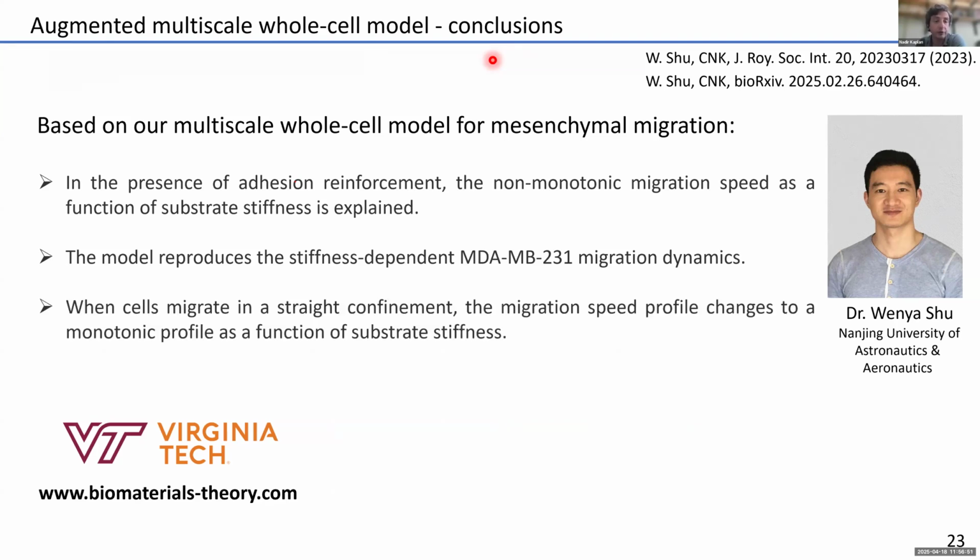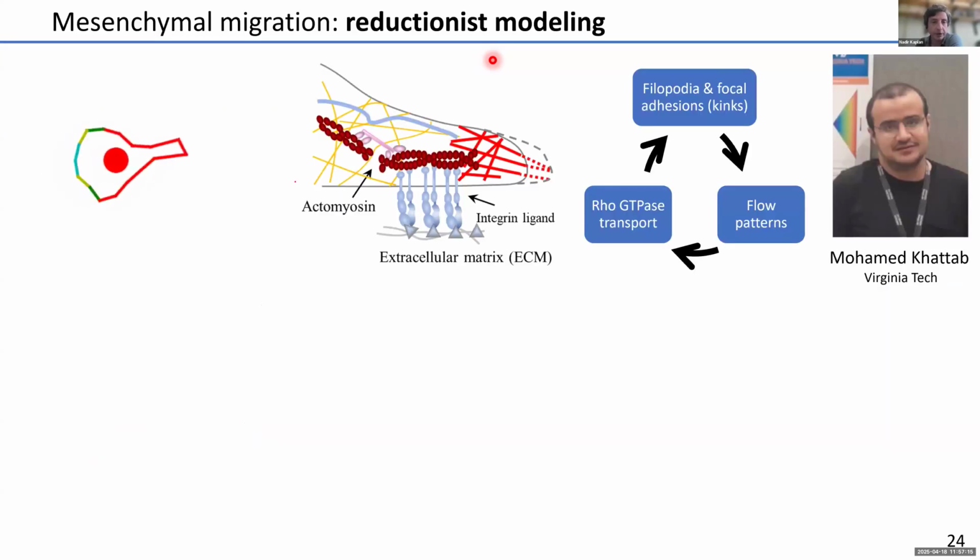And we can also show the effect of confinement, like how straight confinement can essentially change the migration speed profile qualitatively as a function of substrate stiffness. But of course, we can also show how curvature matters, and especially how it can amplify the contact forces between the channel walls and the cell, so as to hamper the spreading and the migration speed.